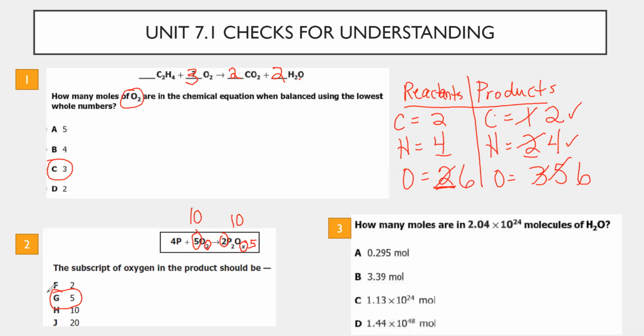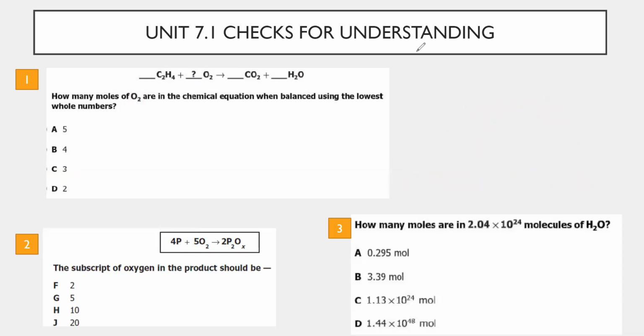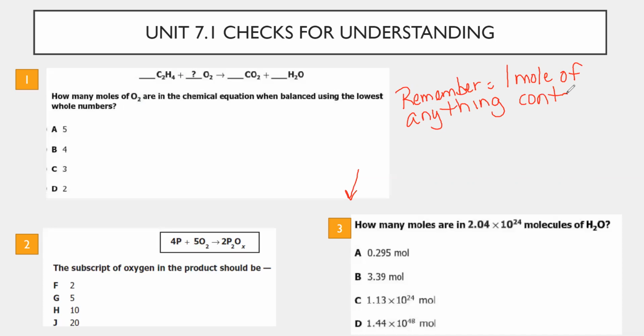All right, and number 3, this one's asking you about how many moles. So let me clear the screen. And let's take a look at this. Okay, so what you've got to remember for this one, remember, 1 mole of anything contains 6.022 times 10 to the 23rd molecules.